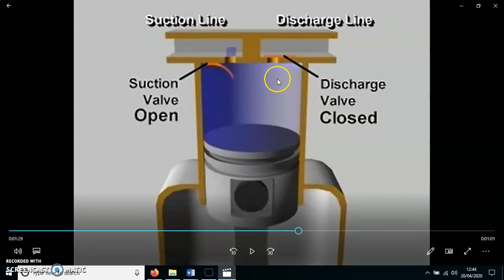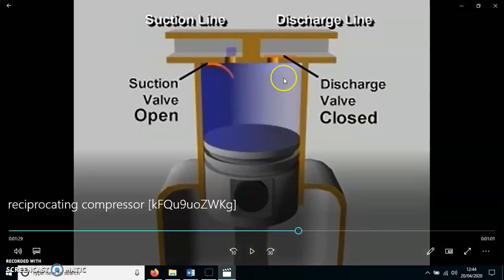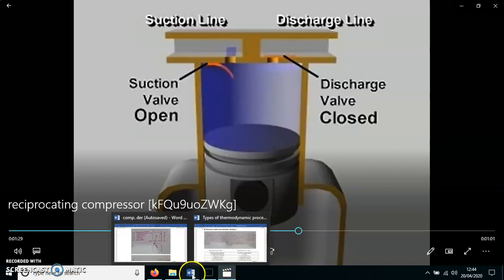So the volume covered while moving the piston from top dead center to bottom dead center, this is the top dead center and this one is the bottom dead center, is called stroke volume. So this one is a clearance volume and this one is a stroke volume. Let's come to the figure again.